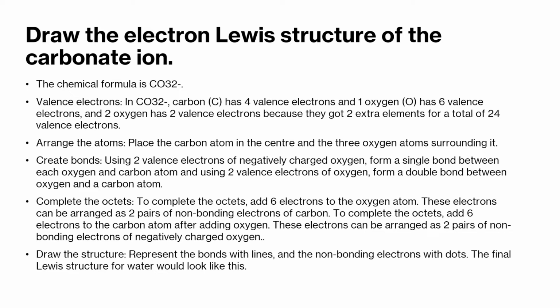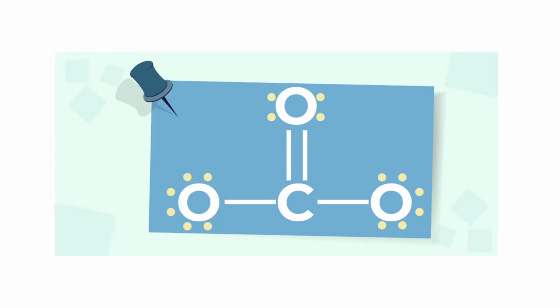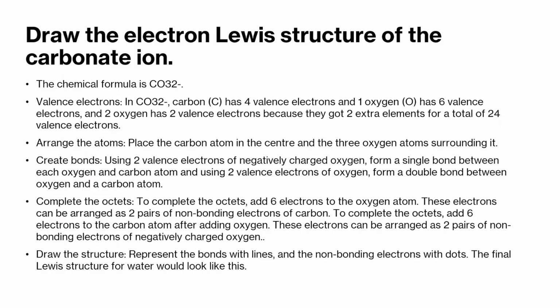our carbonates. Let me just look at the structure first. That is the structure of carbonate. It is a polyatomic ion, so we generally have this structure. The first thing we do is put our carbon down, put our oxygens with the valence electrons, and then try to connect using bonds.